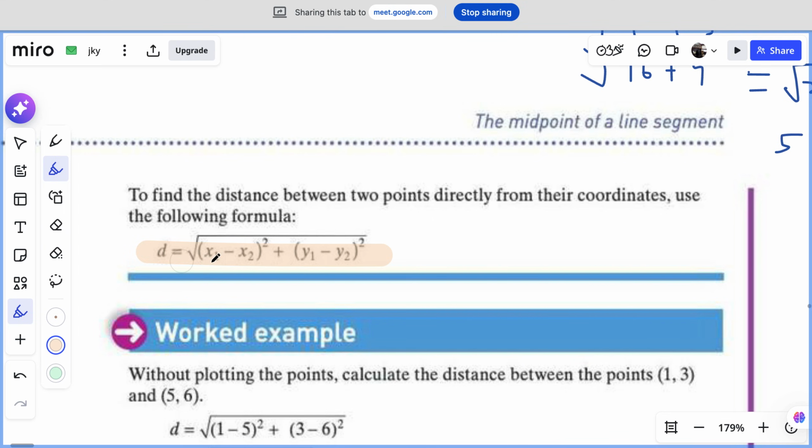Here let's also use 0, 2, and 4. So when x is 0, 0 minus 2, you get negative 2 here. When x is 2, you have 0. When x is 4, 4 minus 2, you have 2.